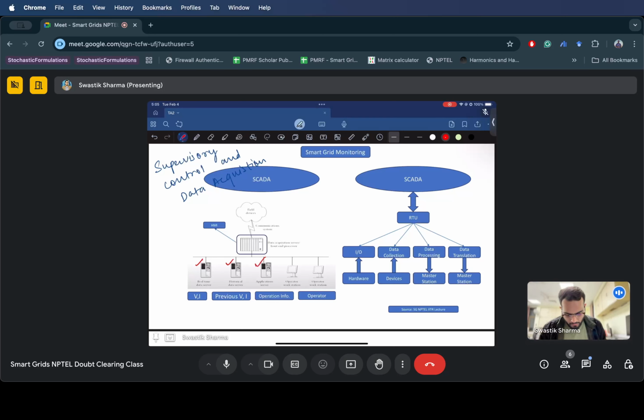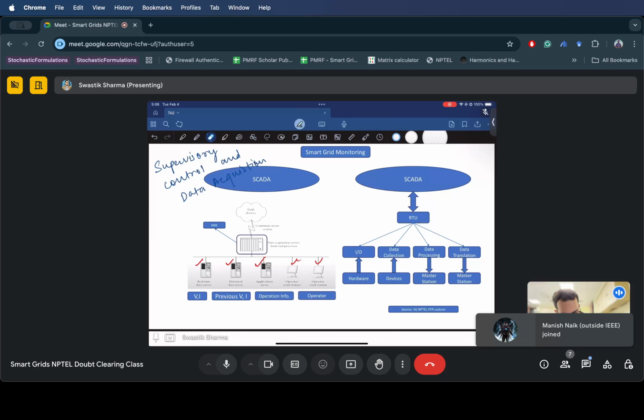So you need real-time data. What is the data at real time? The V and I values. Historically, how the V and I values have shaped, and you have an application server. The application server is what I use if, for example, I want to visualize what is happening in my distribution system. This application sets a framework for that, and then you have workstations where all of this data is viewed by the operators.